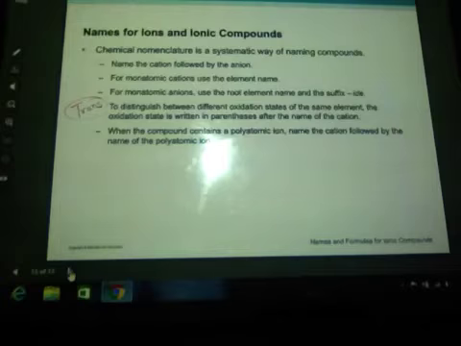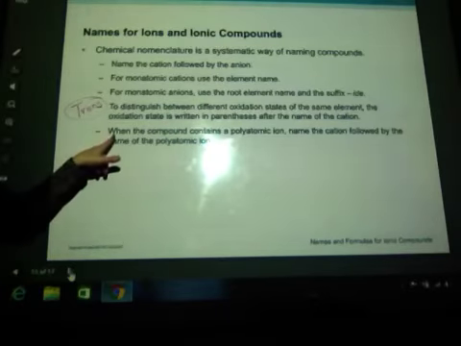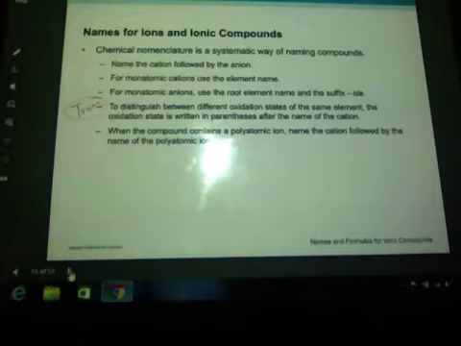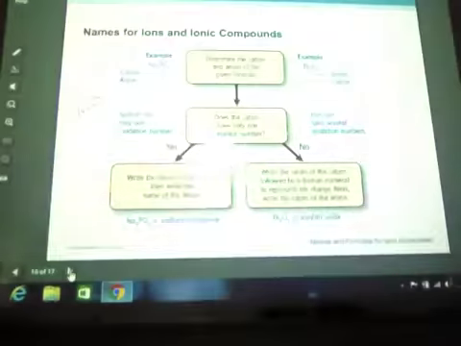So if I have a transition metal, my name is going to have parentheses in it. Otherwise, it's not. If it contains a polyatomic ion, you're going to name the cation and then use your anion that's on your cheat sheet. So you're just going to give it the names.